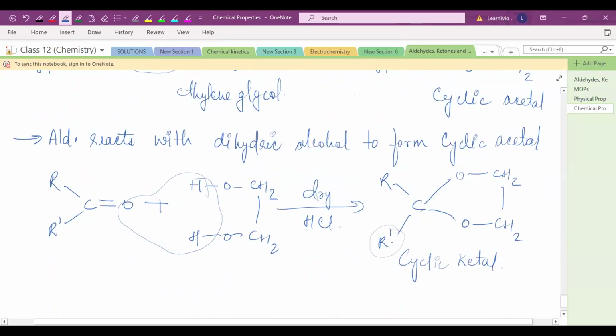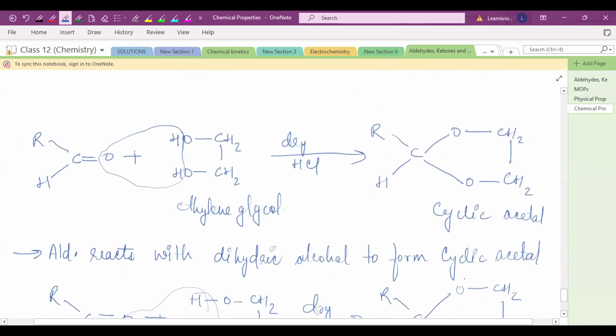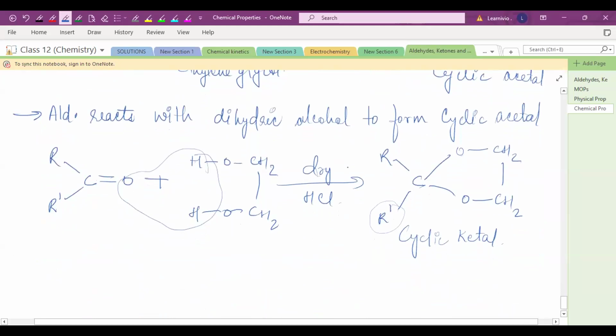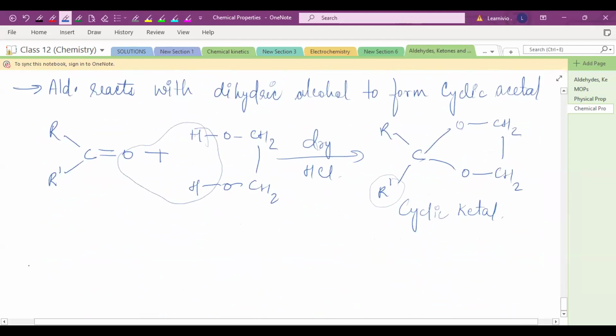Carbon should be attached to 2 alkyl groups. So that is a cyclic ketal. And what about this one? This is a cyclic acetal because here it has hydrogen, so this has been derived from the aldehyde. That's why it is cyclic acetal, and the other has been derived from the ketone, so that's why it has been named as ketal. Clear, Muniba? Yes, ma'am.